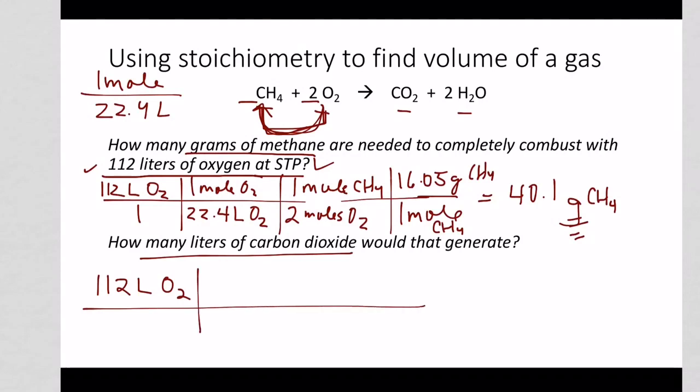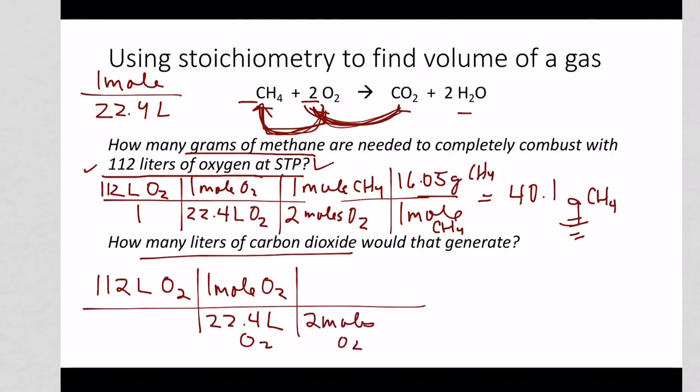Again, first thing, we got to get to moles, and there are 22.4 liters of oxygen in 1 mole of oxygen. Now we need to check our cookbook step here. This time we're turning into carbon dioxide, and it's a 2:1 again. 2 moles of O2 is equal to 1 mole of CO2.